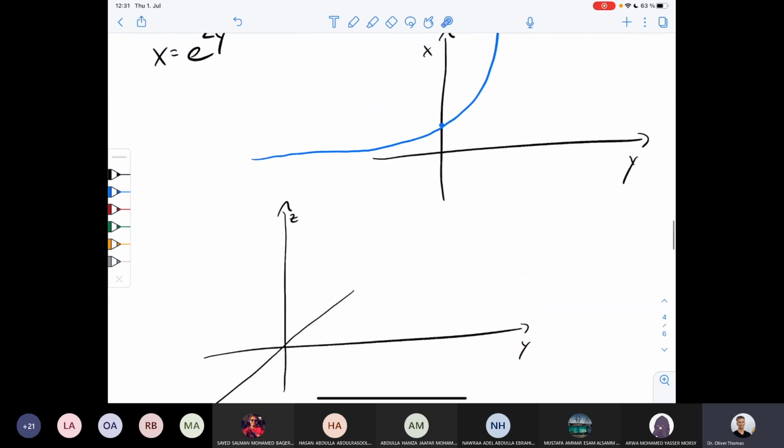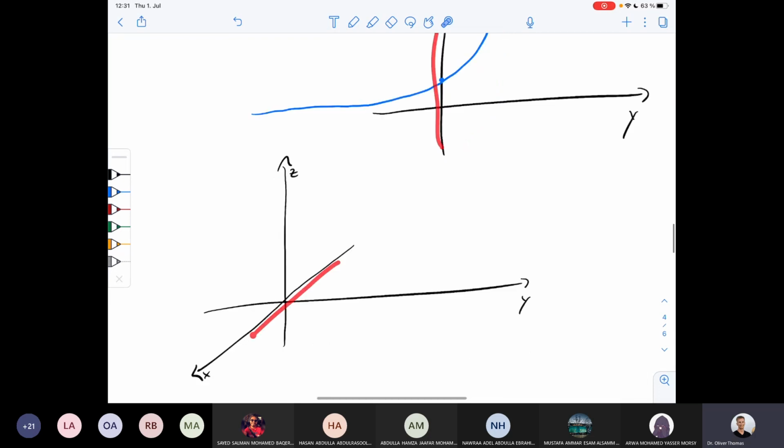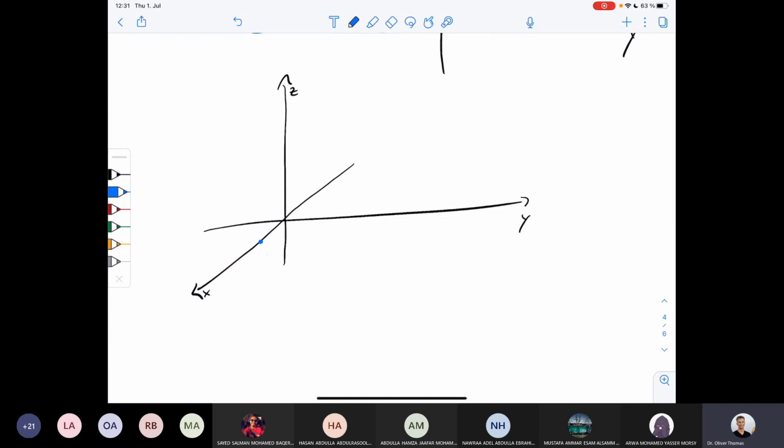And this, of course, is now just, well, pretty much mirrored, right? Here, x goes in this direction, and here, x goes in this direction. So what we do is we have here our point where y is equal to 0, x is equal to 1, and z is equal to 1. And then we have something like this, I guess.